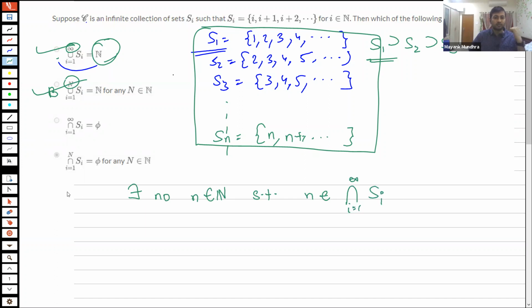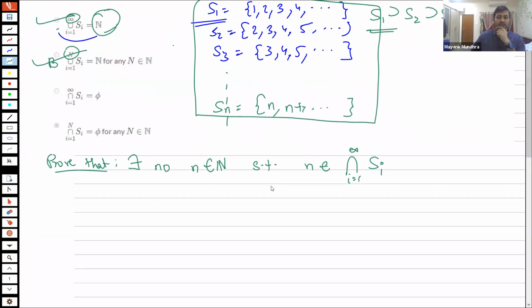So this is what I can prove. You can actually prove this thing. So how do I prove this? I can prove it by saying: take any n belonging to the natural numbers. And so n is not contained in S_{n+1}.